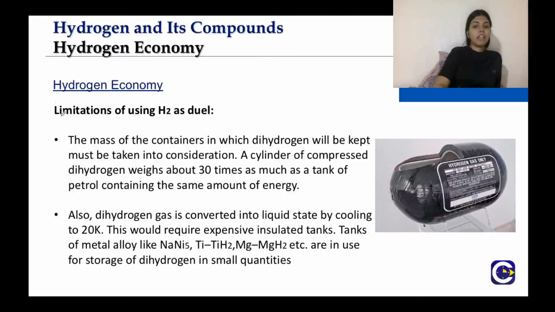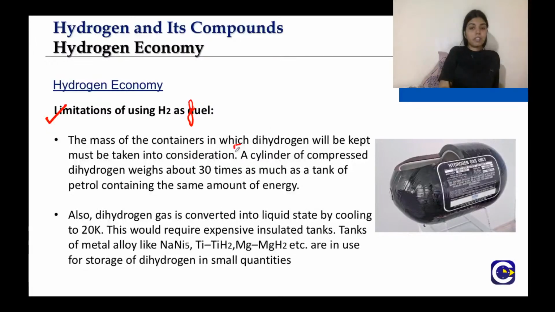Now, what are the limitations that we are still sticking to petrol, right? We have not switched to dihydrogen as a fuel. First point is that the mass of the containers in which dihydrogen should be kept is very high.